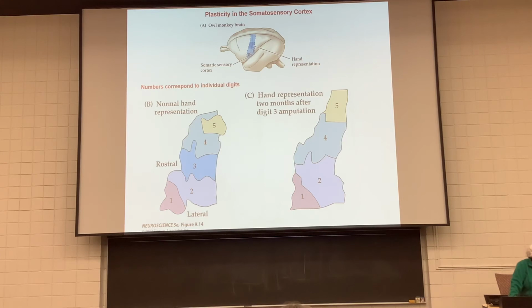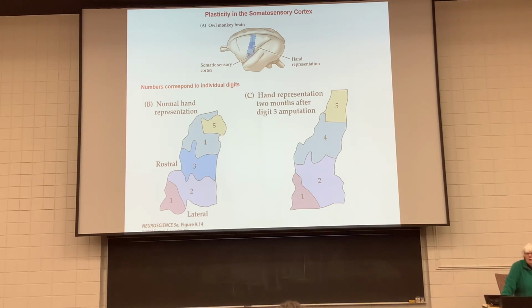And then what if you remove digit 3? And you wait 2 months in this case. Well, you can touch what's left of the stump, but you're not going to see probably any response here. But notice now when I begin to activate areas that represent the fourth and the second digit, how their area grows.